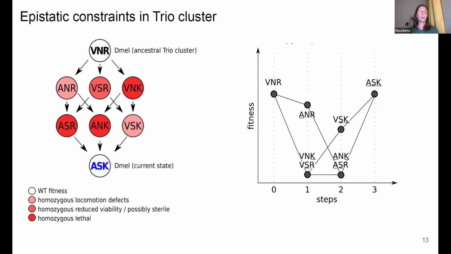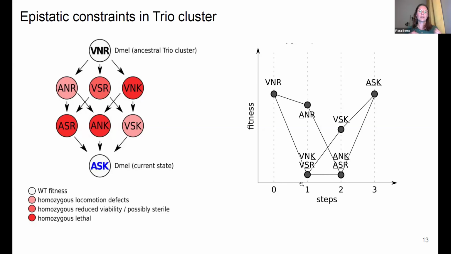And if we represent the same thing on this fitness landscape, what is very striking is that to go from this ancestral state to the melanogaster state, we have to go through very deleterious intermediates. So it creates deep fitness valleys in this fitness landscape. And especially those ones are homozygous lethal, so they can't even be fixed haplotypes.